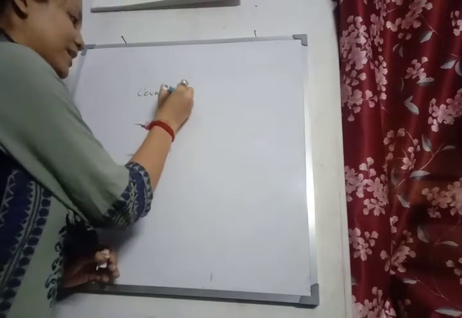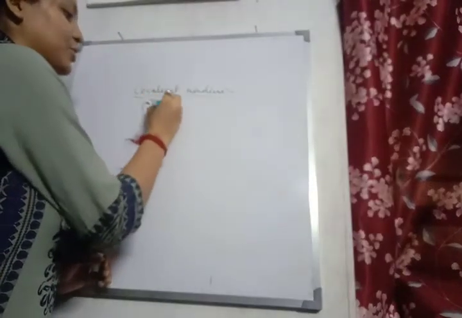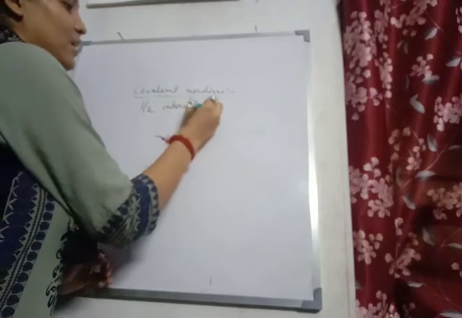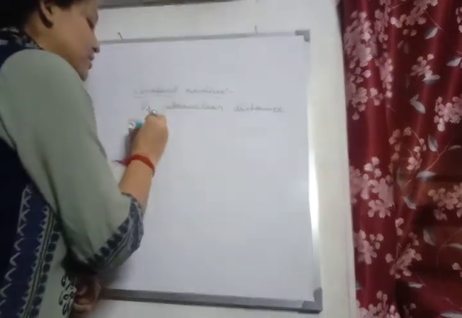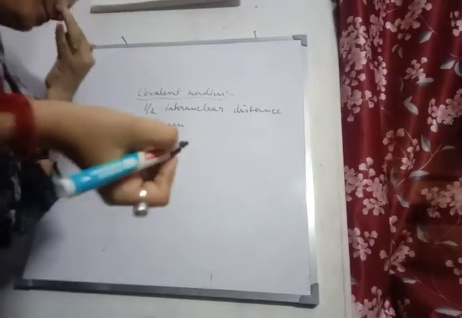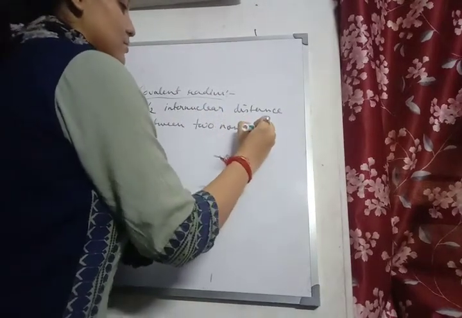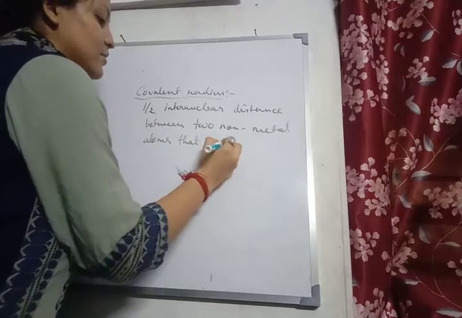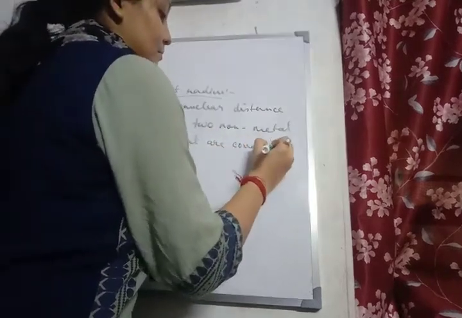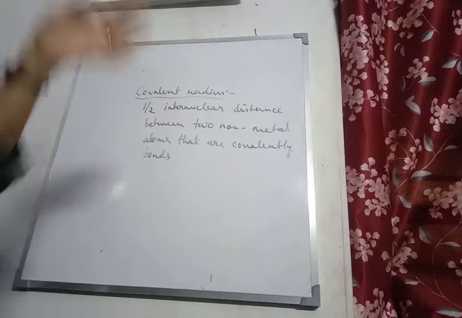Covalent radius is half the internuclear distance between two non-metal atoms that are covalently bonded. That is, they are joined by a covalent bond. This is what your covalent radius is.